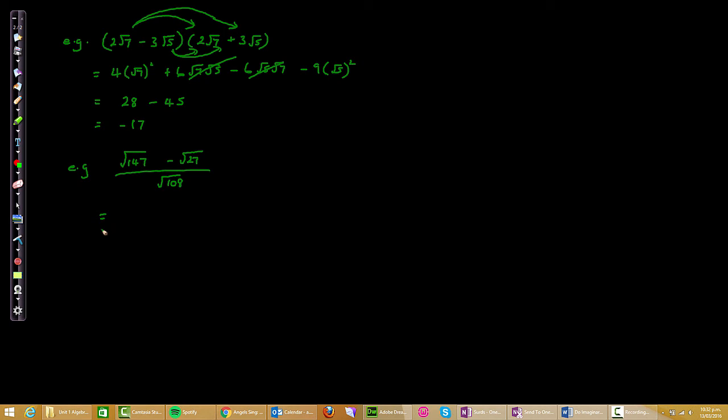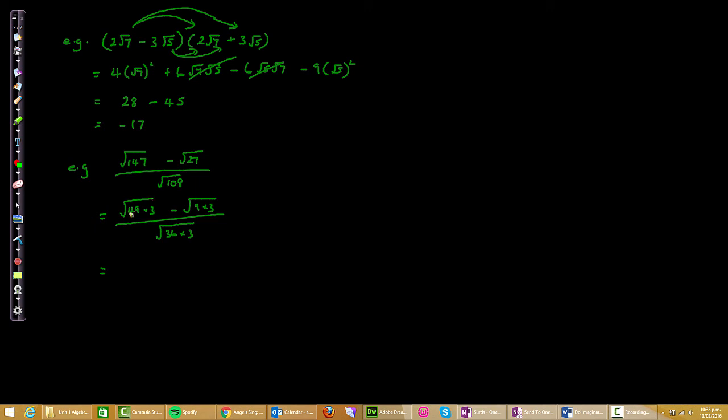In fact, 147 is 49 times 3, and 27 is 9 times 3, and 108 is equal to 36 times 3. And once again, what gave away the idea of using 3 was because I could only think of 9 times 3 being 27, so I was going to use some multiple of root 3.